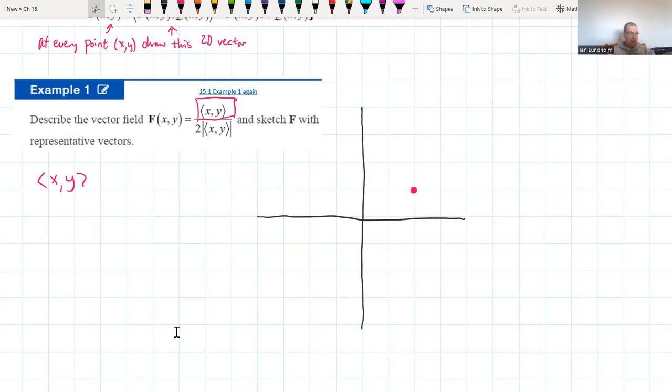Well, this one's actually pretty easy because we put our x value in for the x value of the vector and our y value in for the y value of the vector. So the vector just becomes 2, 1 as well. And you can try this yourself, but hopefully after plotting a few of these, you would see that these vectors tend to point directly away from the origin. Let's point one down here.